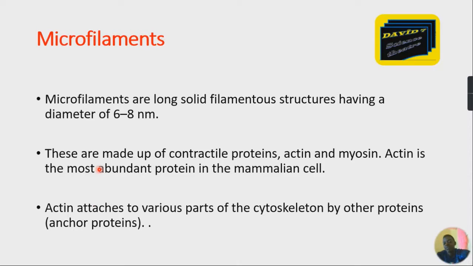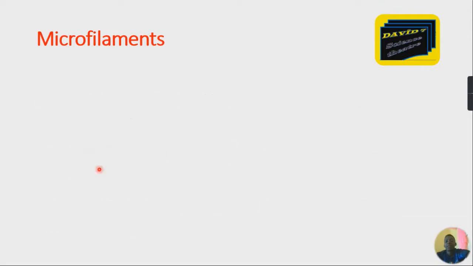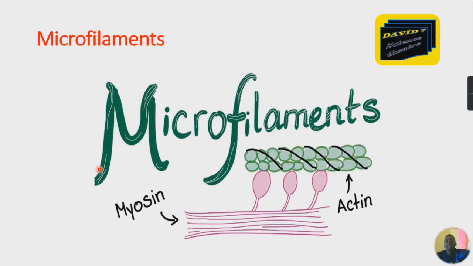Actin attaches to various parts of the cytoplasm by other proteins, anchor proteins, for example, ankyrin, okay? And the microfilaments, as you can see, have actin and myosin, just as you see them here, okay? So these are microfilaments.